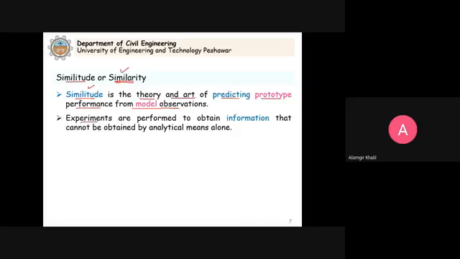Now, experiments are performed to obtain information that cannot be obtained by analytical means alone. Since only theory is not sufficient to explain the fluid phenomena, that's why experiments are performed to obtain the information. Clear?